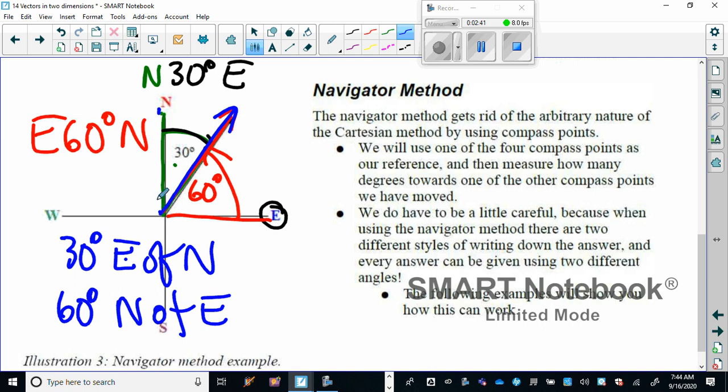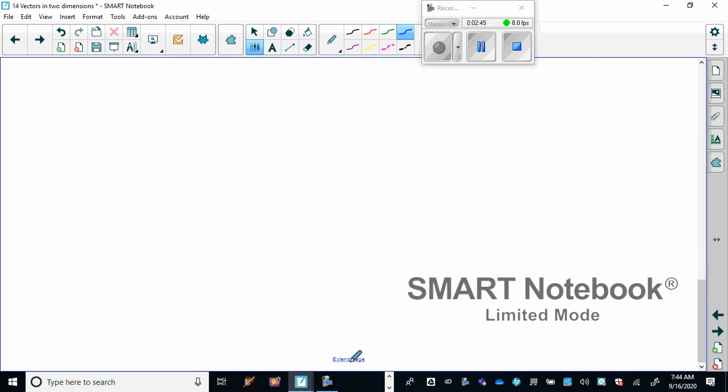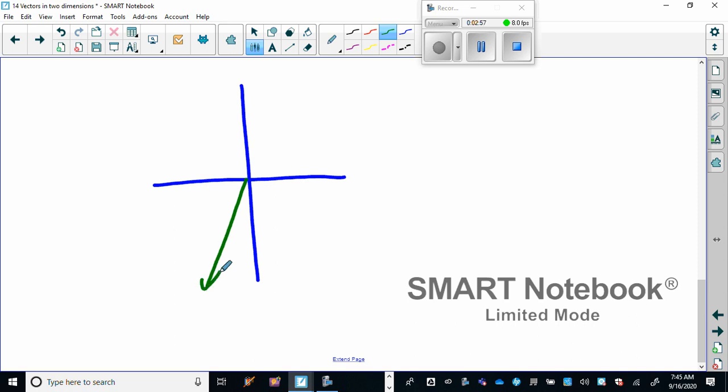Okay, let's do one more example just so you get the hang of this. It's very important you understand this. Let's do this vector here, and let's say that this is 55 degrees.